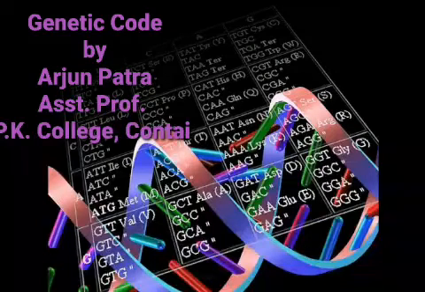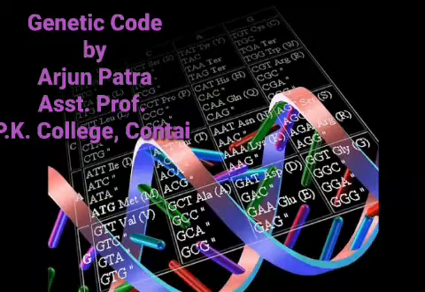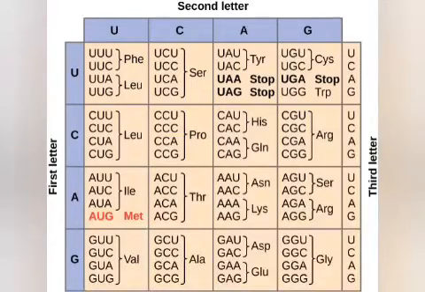Today we are talking about the genetic code. The genetic code is a linear arrangement of the nitrogen bases in the mRNA, that is, the messenger RNA. Although the linear arrangement of nitrogen bases in DNA is said to determine the sequence of amino acids indirectly, there are only 4 nitrogenous bases: adenine, guanine, cytosine, and thymine.